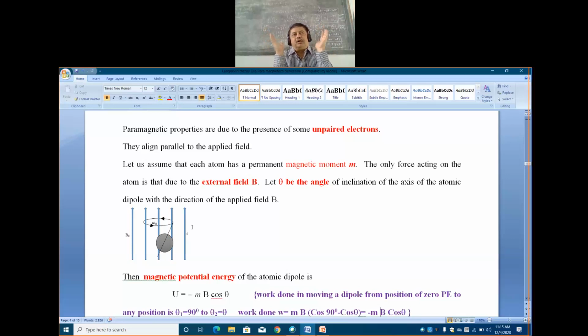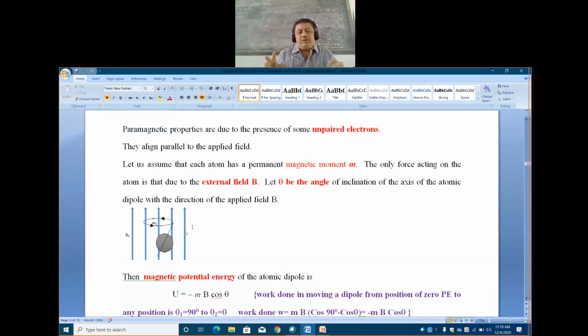The atomic dipole makes an angle theta with the direction of the external field applied. Theta is the angle of inclination of the atomic dipole with the direction of the applied magnetic field B, that is, the external field.